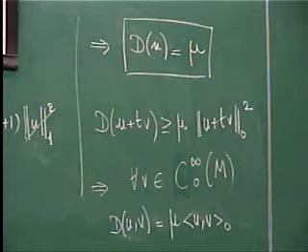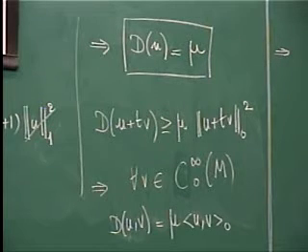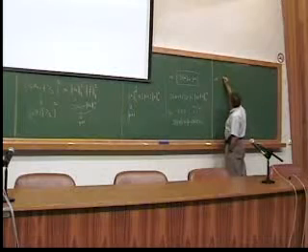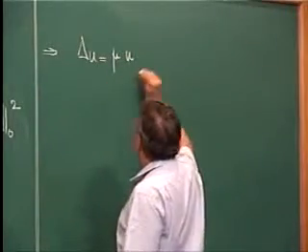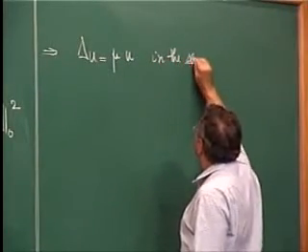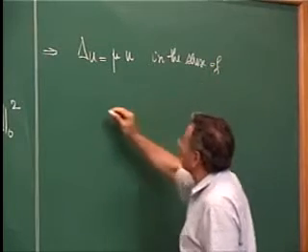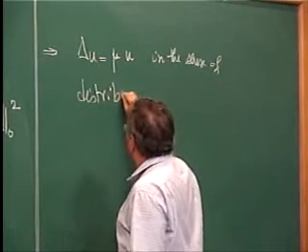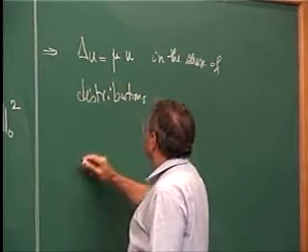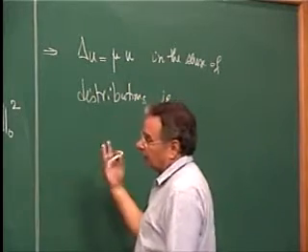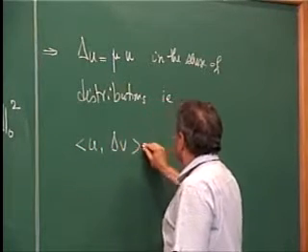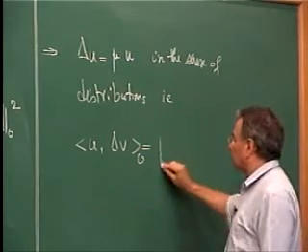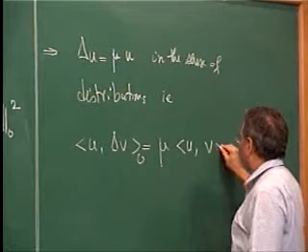And this implies the most interesting thing. If you just integrate by parts, this tells you that Laplacian u is equal to mu u in the sense of distributions. Which means that you integrate the other way around. So you have that u Laplacian v 0 is mu u v 0.